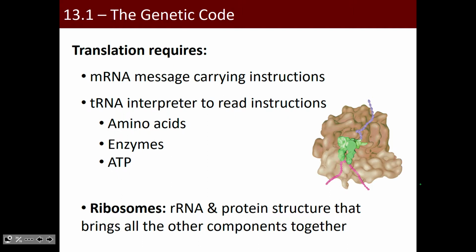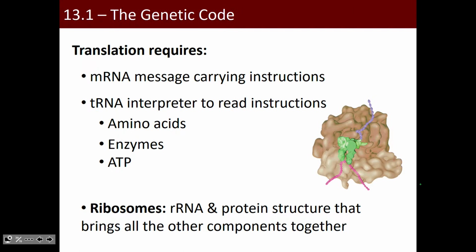And then we also have to have our tRNA interpreter molecule ready to read that message. And in order for the tRNA to work, we're going to need the amino acids that charge the tRNAs. We're going to need the enzymes that are necessary to catalyze all of those reactions. And we're going to need energy because this is an energy consuming reaction. And then lastly, we need our ribosomes.